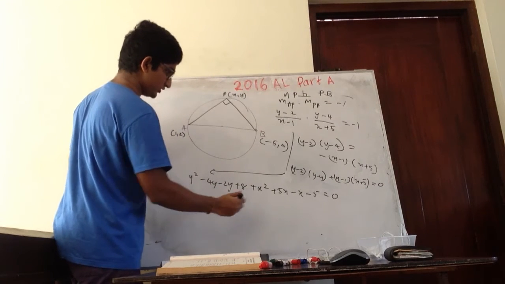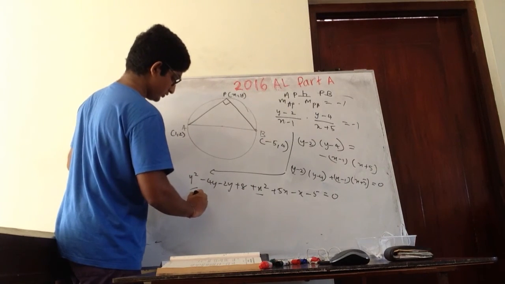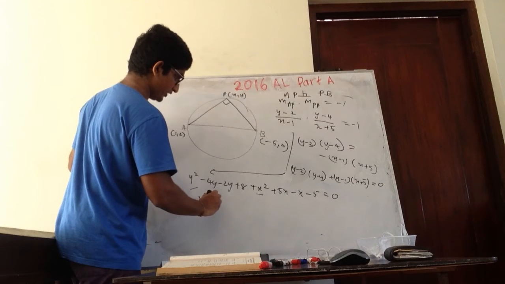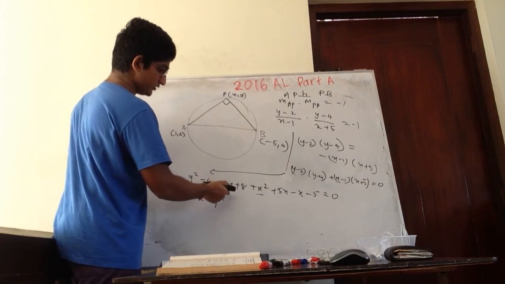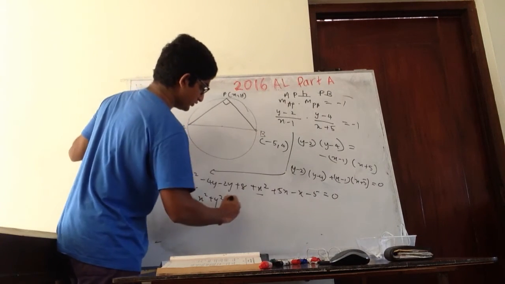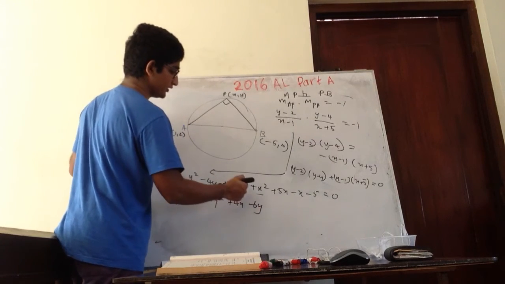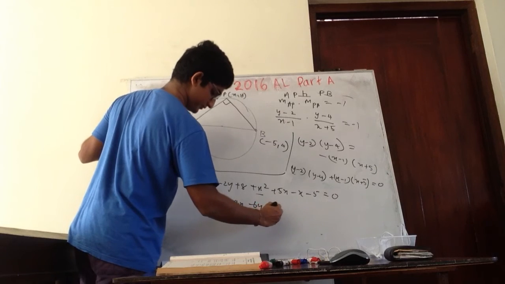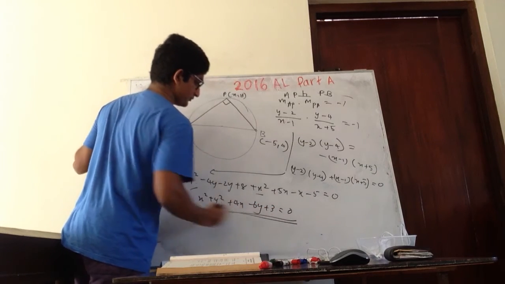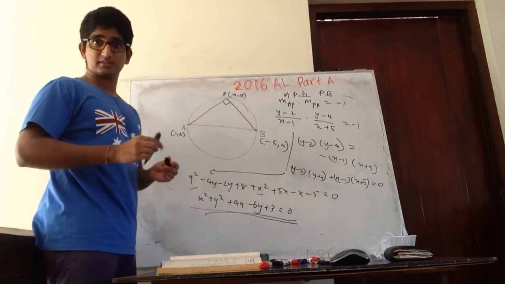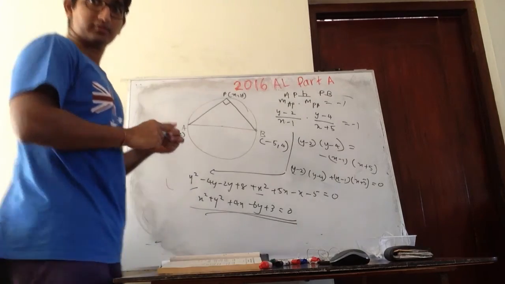So I'm going to cluster this out. So x squared plus y squared, then this is going to be 4x, this is going to be minus 6y, this is going to be plus 3. So this is what they are asking as the first question.